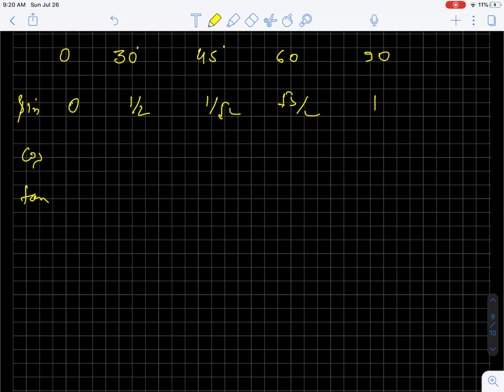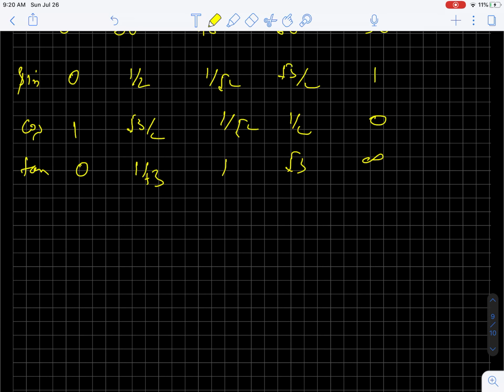Simple. Reverse these for cos: cos 0 is 1, cos 30 is root 3 by 2, cos 45 is 1 by root 2, cos 60 is 1 by 2, cos 90 is 0. For tan, divide them: 0, 1 by root 3, 1, root 3 and infinite.